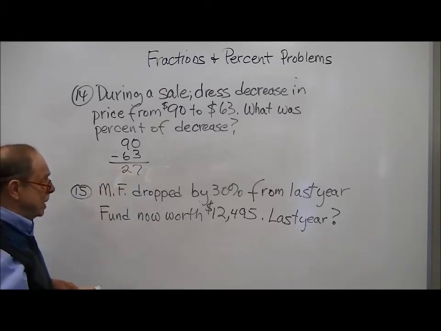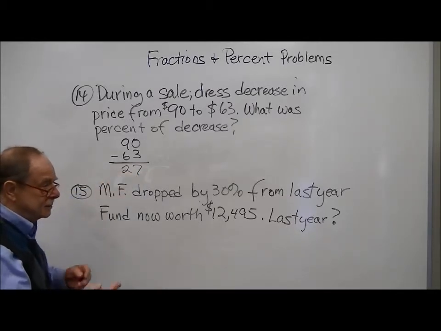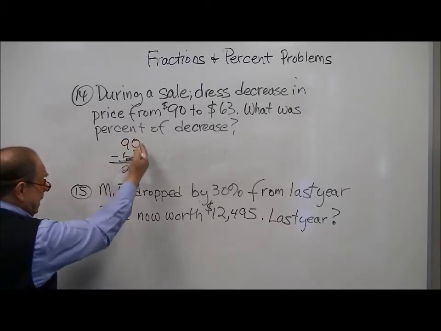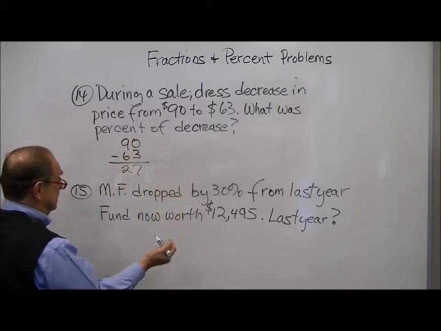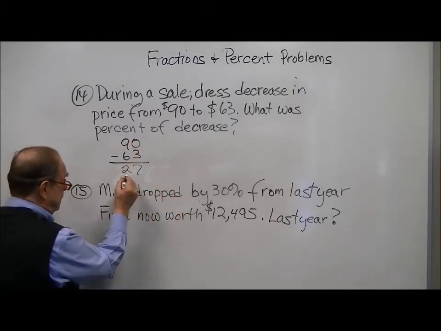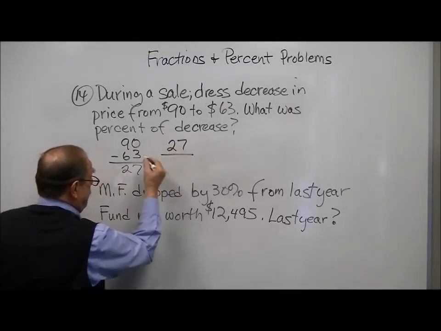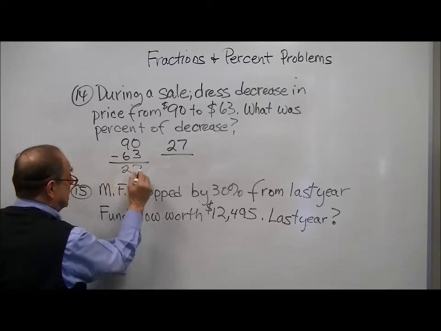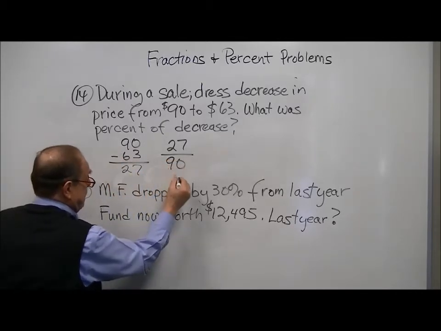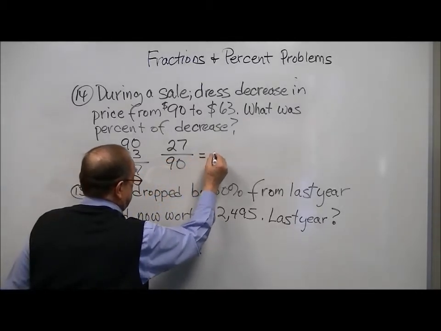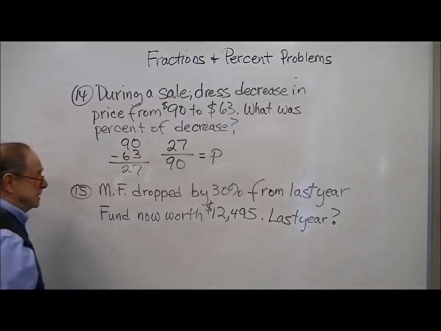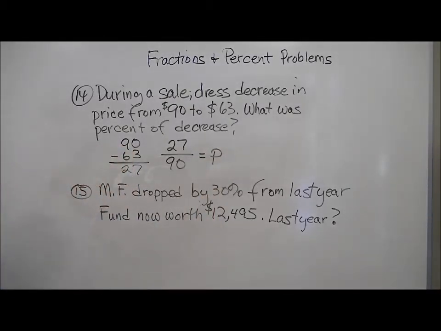Now the way to solve increase or decrease, you find the difference in what had happened, and then put the difference over the original price. And that'll give you what your percent of decrease would be.